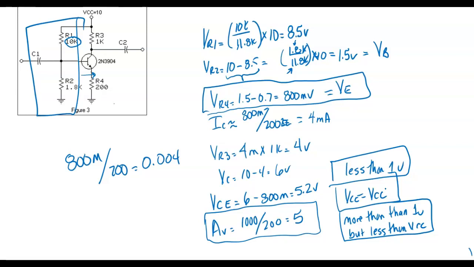So anytime I'm going to build an amplifier, an audio amplifier, we're going to operate it in what we call the active region. When we bring a little input over here, let's say 1 volt peak to peak, then over here we would get 5 volts peak to peak, but it would be 180 degrees out of phase.